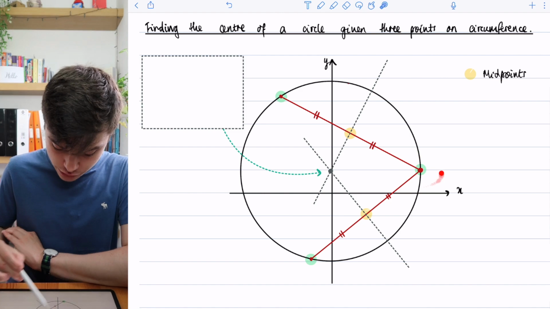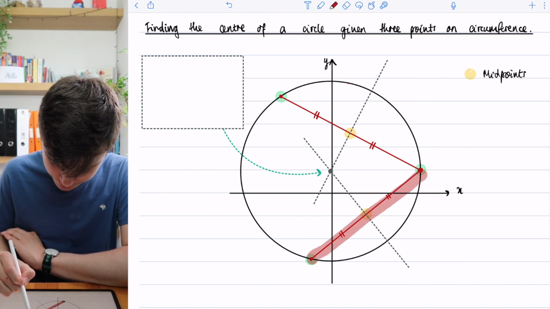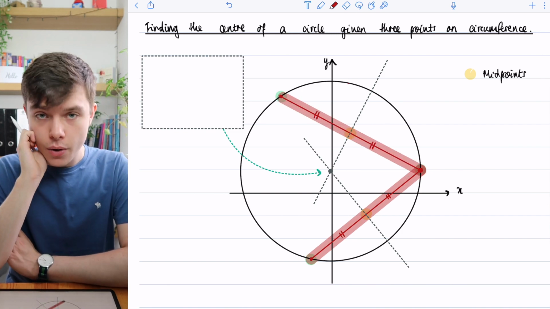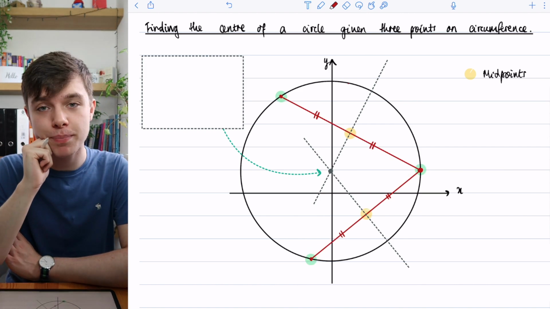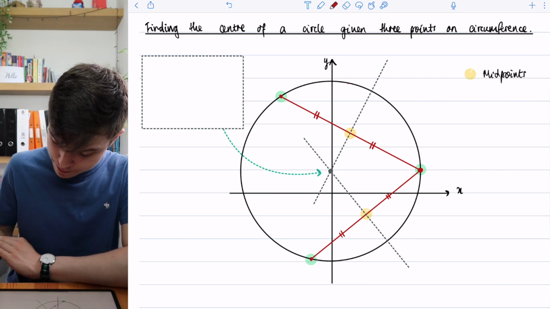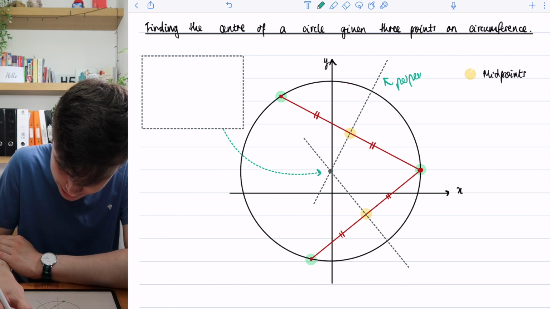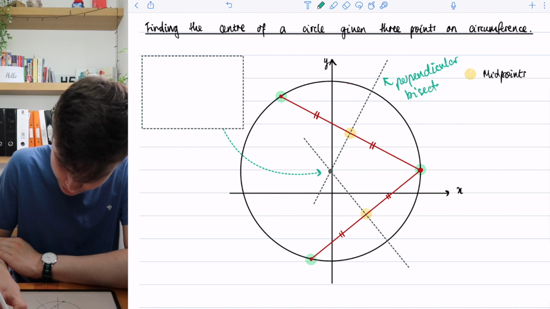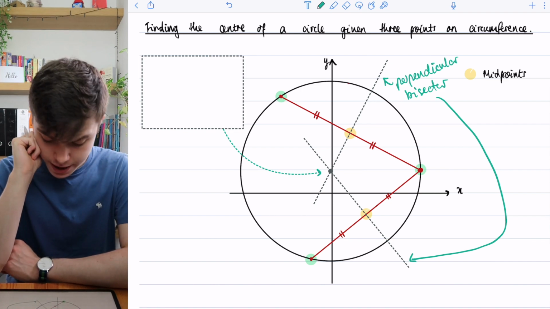Here's 1 point, here's another, and then this red line there is 1 chord, there's another chord, okay? We can see, before I did that highlighting actually, those 2 yellow dots are the midpoints of the chords. So that means here, this line is a perpendicular bisector because it passes through the midpoints. And I'll put an arrow, so is that one there, okay?